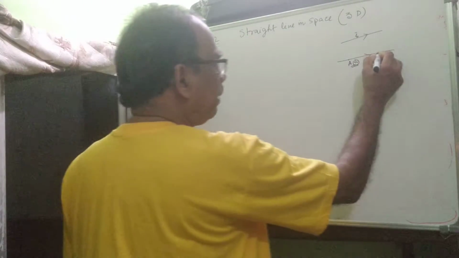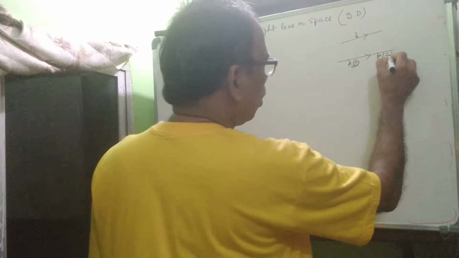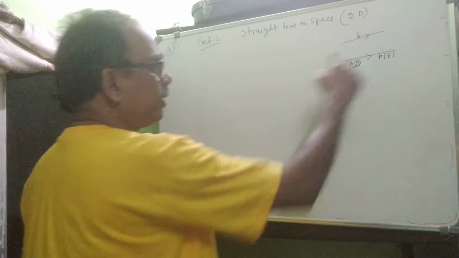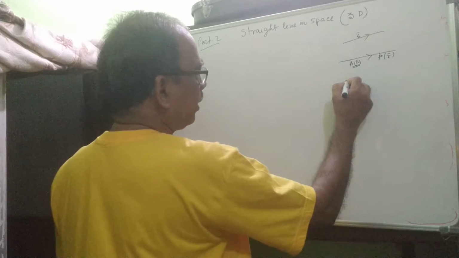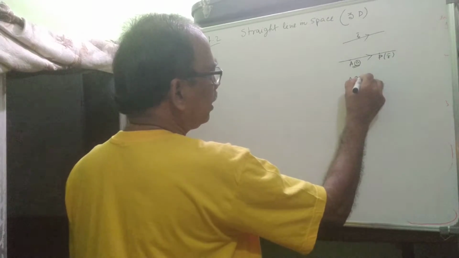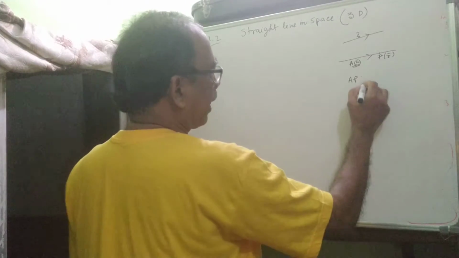Now let P be any point on the straight line whose position vector is R. Then we can write AP and B are parallel.